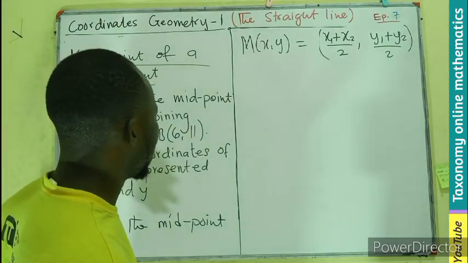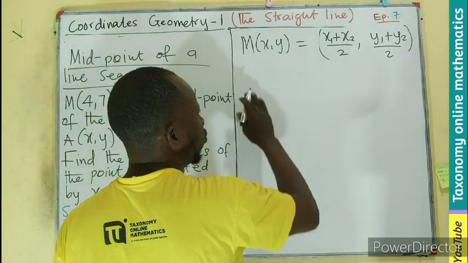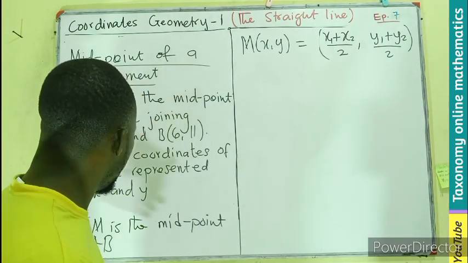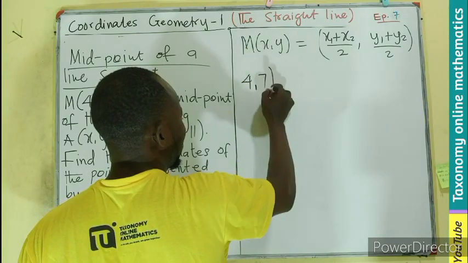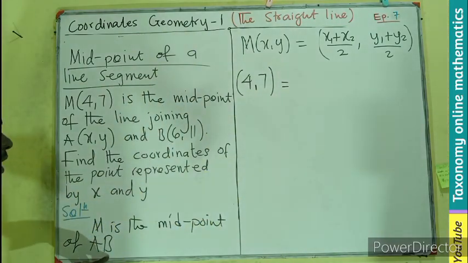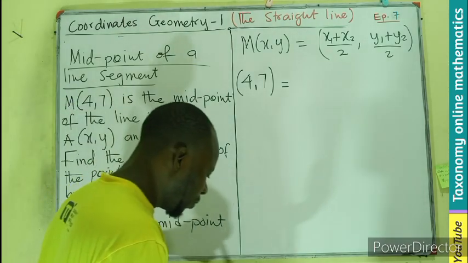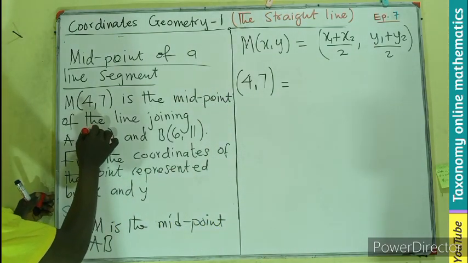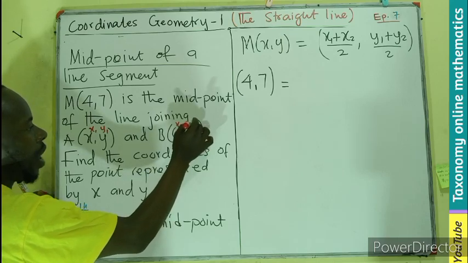The coordinate of M, which is the midpoint, is given to us, and the coordinate of the endpoint B is also given. So I am going to eliminate the M and base only on the coordinates, which gives us (4, 7) equals, don't forget we say AB, meaning A first, so this is going to be our (x1, y1) and (x2, y2).